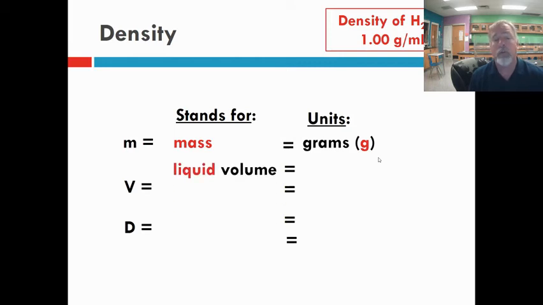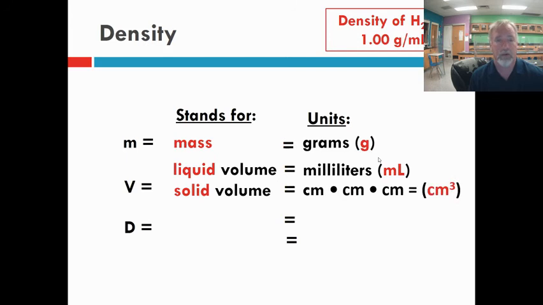Now, V stands for volume. If we're talking about a liquid, we measure the volume in milliliters. Remember our graduated cylinders, I told you they measured volume in milliliters. But if we're measuring the volume of a solid, we measure that in cubic centimeters. Think about that for a moment. If you had a cube and wanted to find its volume, you'd multiply the length times the width times the height.